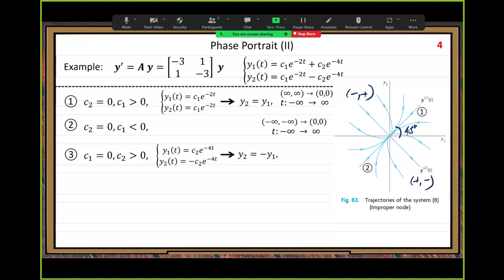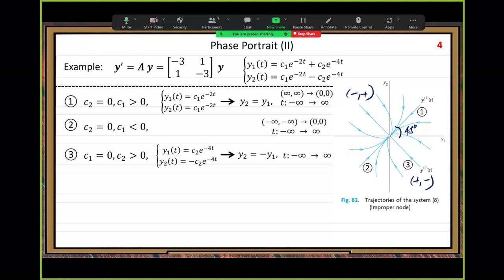Now let's look at our type 3 here, but we want to see which part of it. Let's look at t. When t changes from negative infinity to positive infinity, e to the negative infinity is positive, times C2 positive.